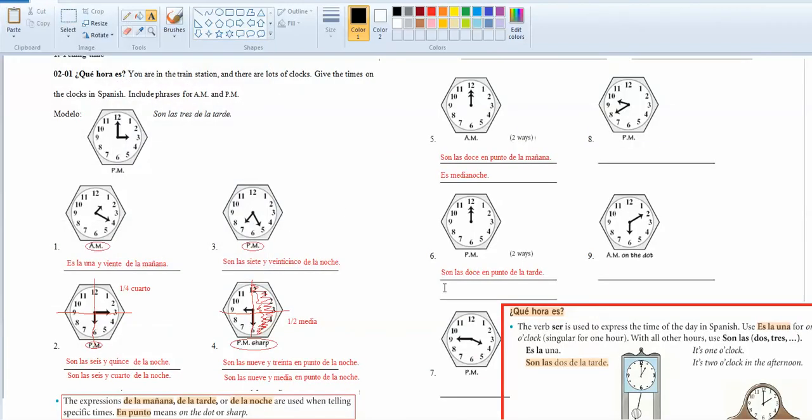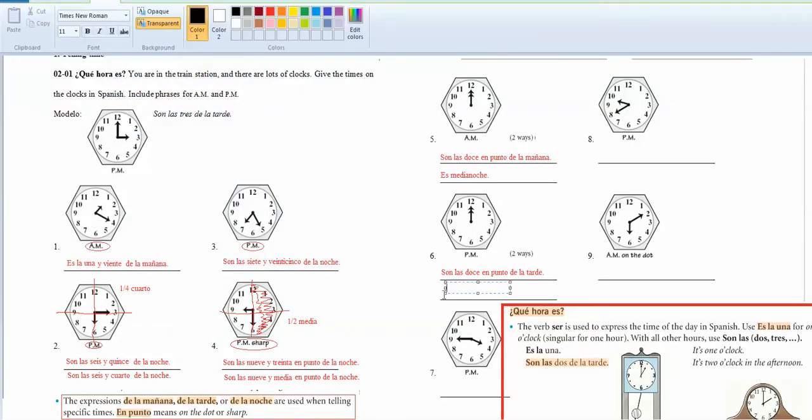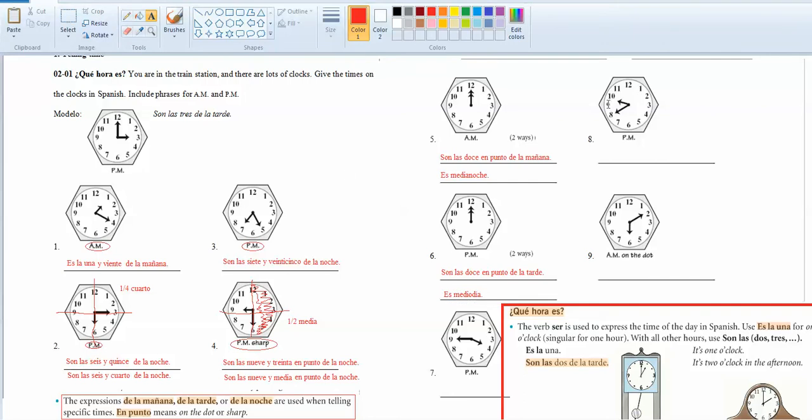So I could say "son las 12 en punto de la tarde," or "es mediodía," midday.